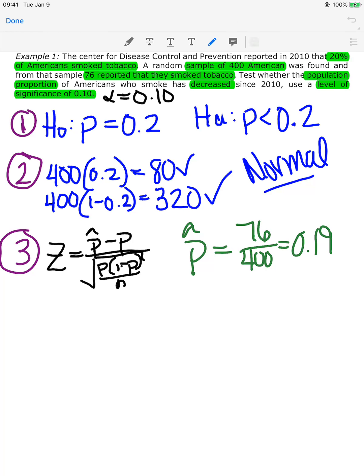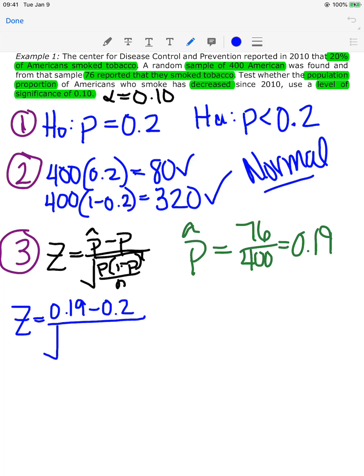So now we can go ahead and calculate this z data or this z-score. So we're going to take our p hat, 0.19, minus our p, which is 0.2. We're going to divide that by the square root of 0.2 times 1 minus 0.2 divided by 400.